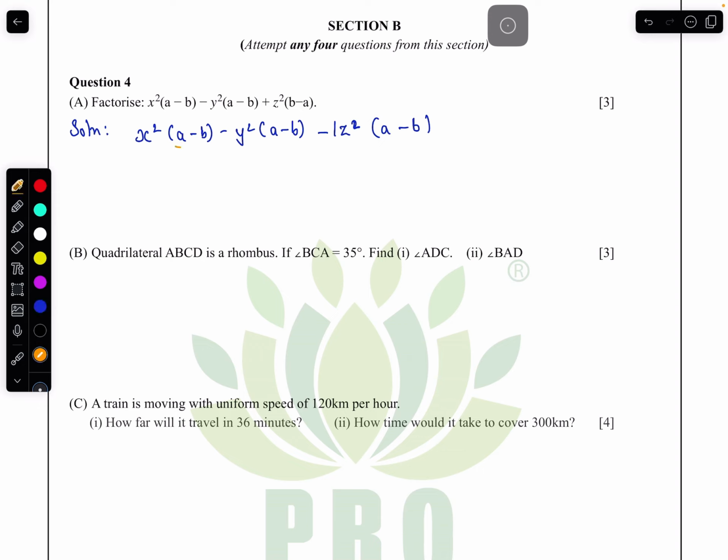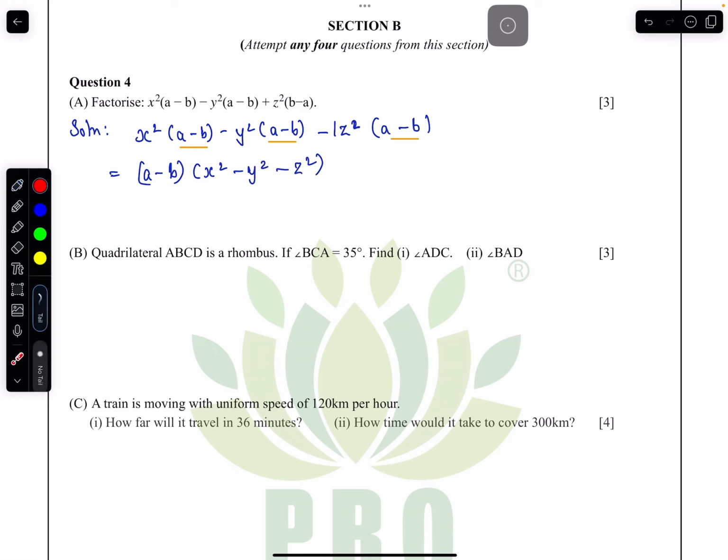We have now easily identified identical brackets present here. So we will pull them out. (a minus b) is out, and we're left with x squared minus y squared minus z squared.